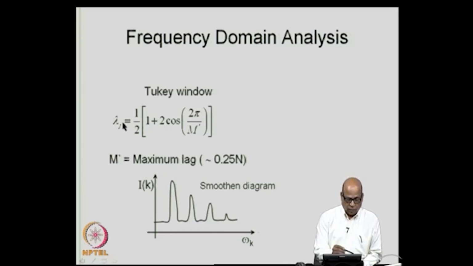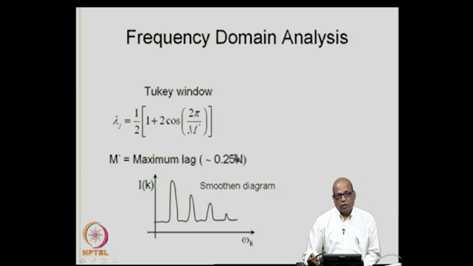We introduce the Tukey window here. So, lambda j is equal to 1 by 2 times 1 plus cos pi j by m dash. Now, this m dash is slightly different from the m that we talked about, the maximum lag. Now, m dash can also be about 0.25 n.